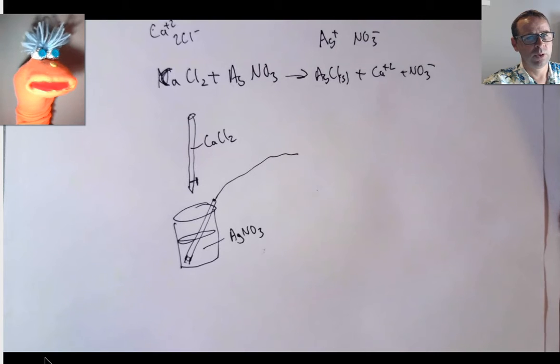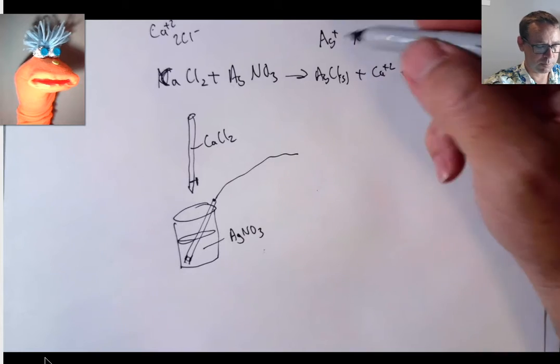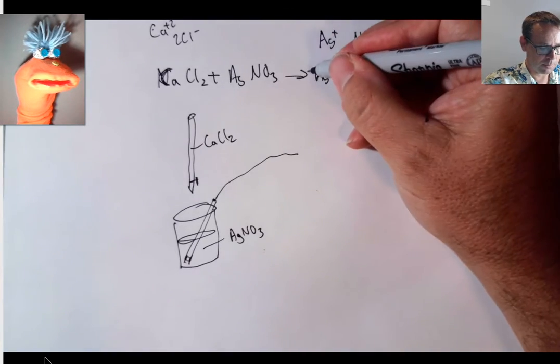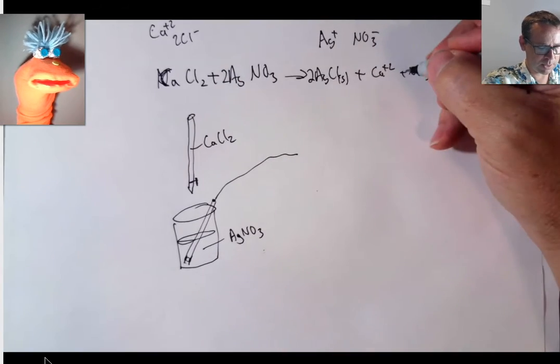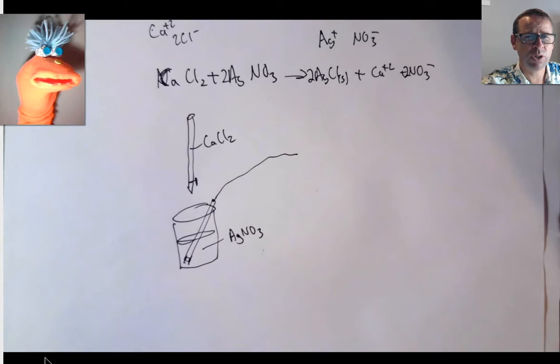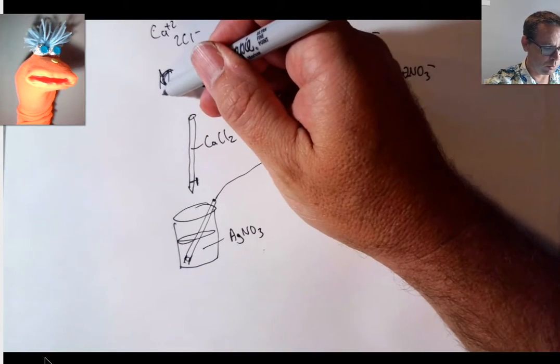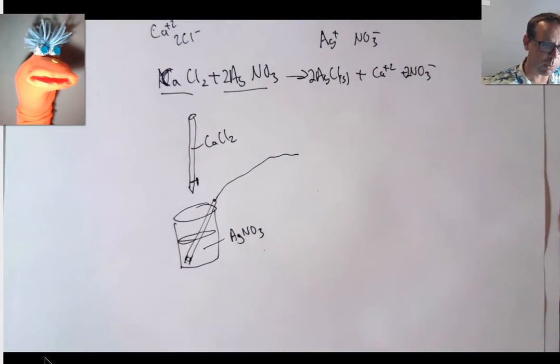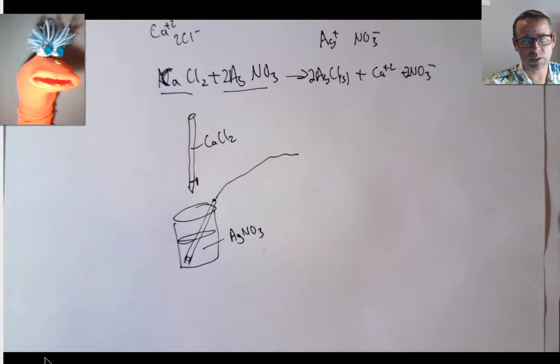Yeah. So you have to get, well, this isn't balanced. It's not balanced, but I could do that to balance it, but the reaction isn't going to necessarily occur all at once, right? So we don't need to necessarily think about it in terms of adding 2 moles of silver nitrate to 1 mole of calcium chloride all at once, right?